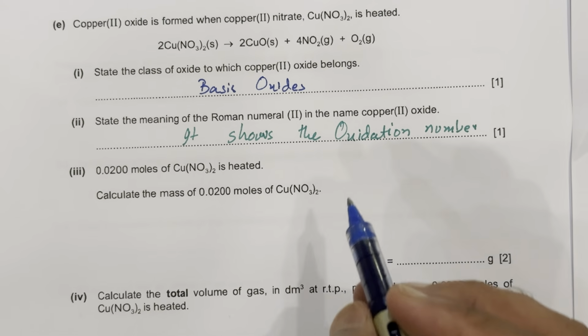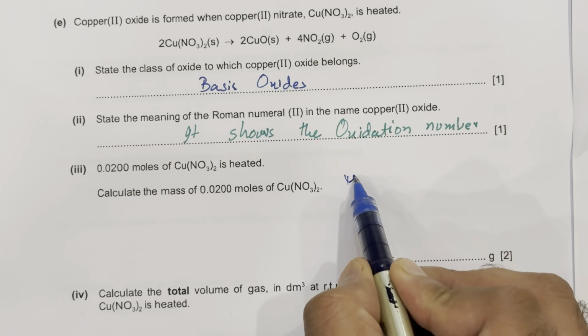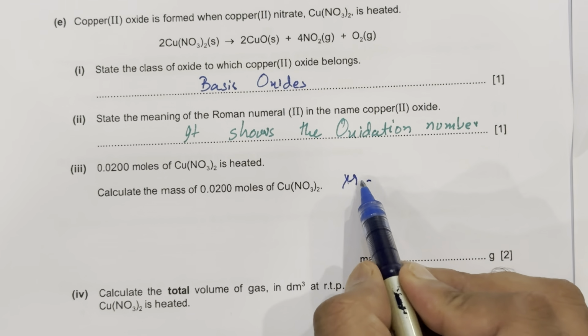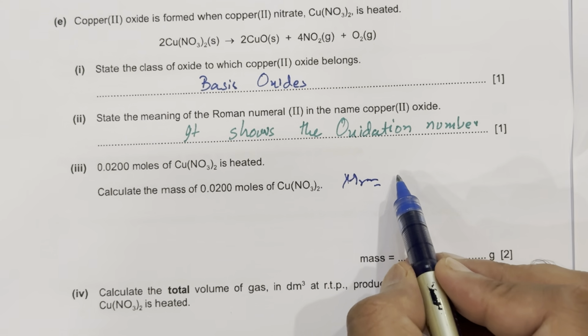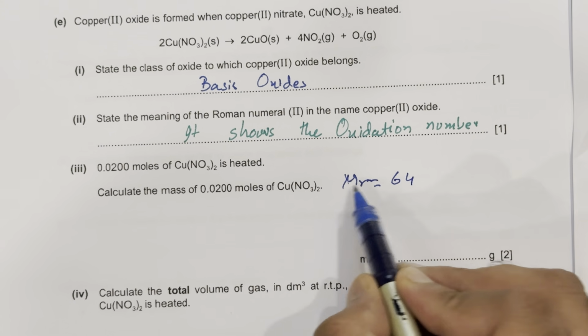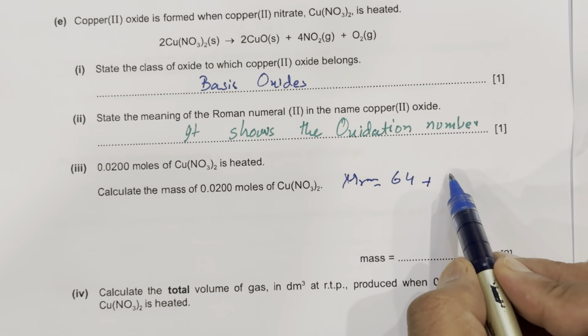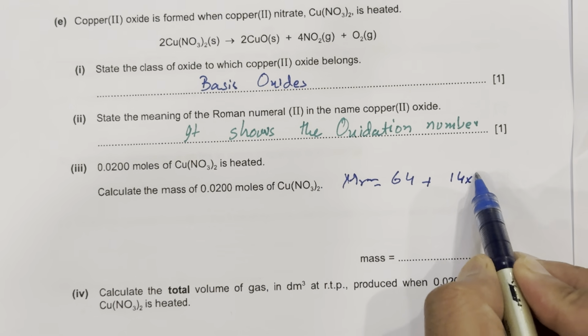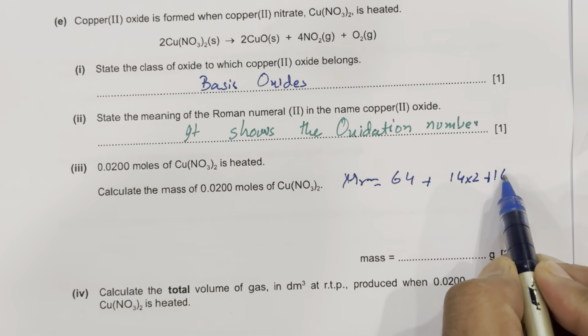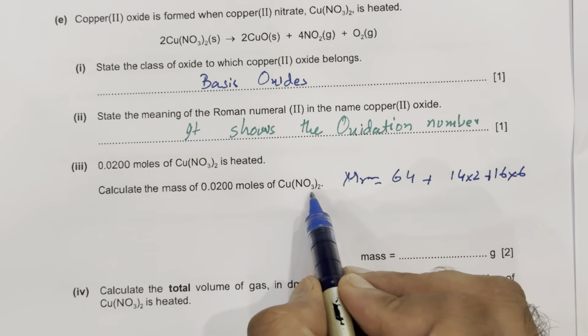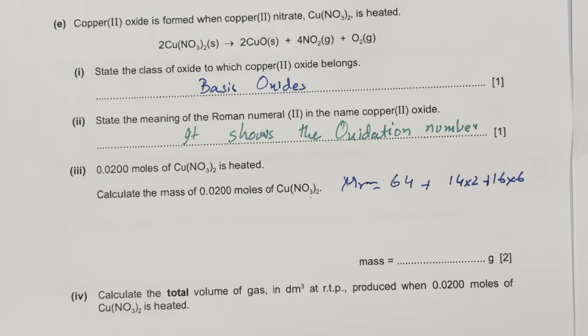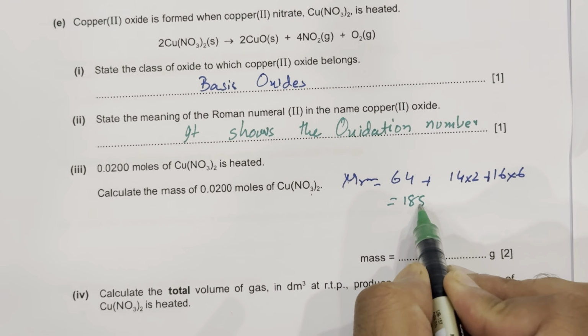First we need to calculate the molar mass, Mr of Cu(NO3)2. It would be 64 plus 14 into 2, then plus 16 into 6, because 6 atoms of oxygen are present. After adding it, we get our answer, that is 188.